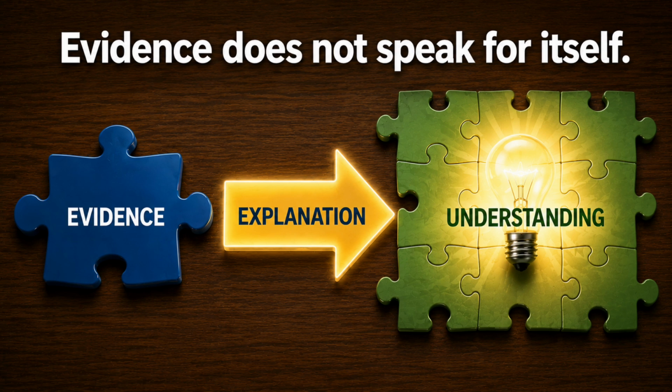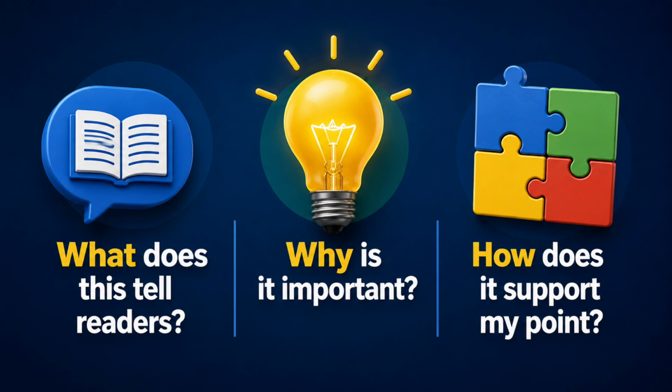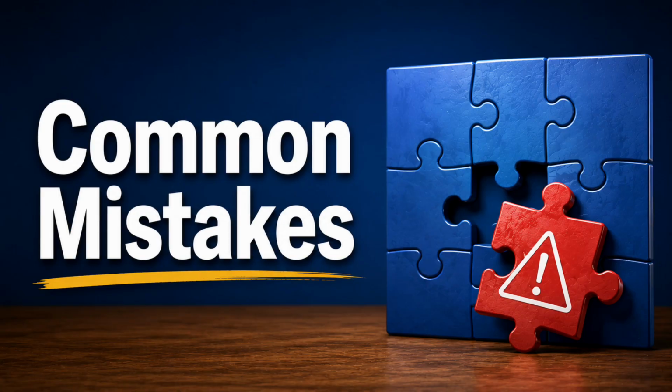Writers help readers understand why the evidence matters. Whenever you use evidence, ask yourself, what does this tell readers? Why is it important? How does it support my point? Those questions often are going to lead to stronger explanations and, consequently, stronger essays.